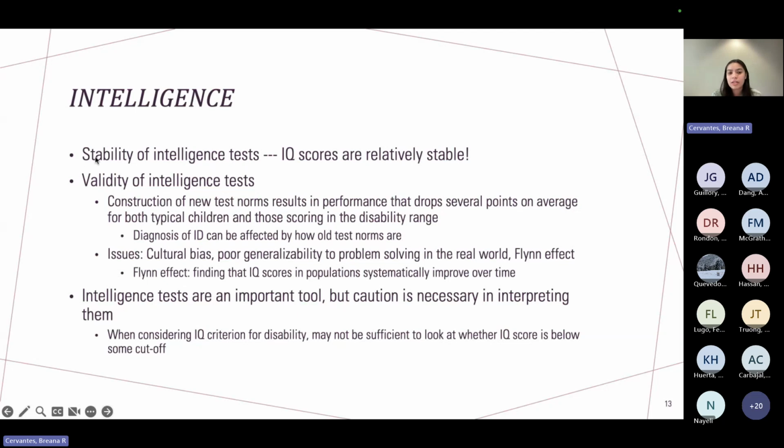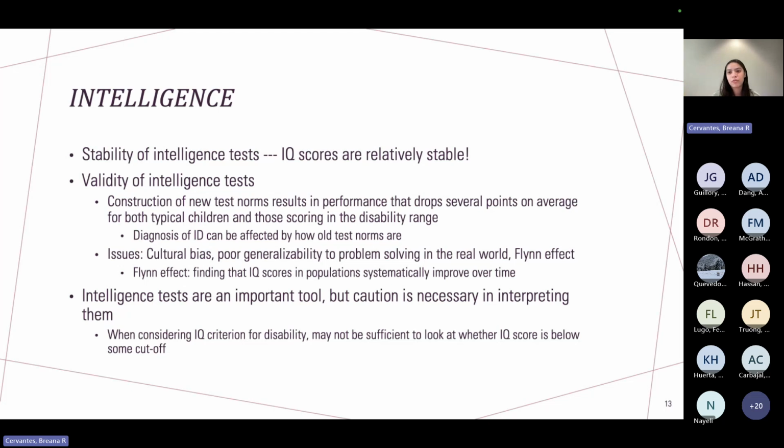And the reason that we even assess it is because we think that there is stability. IQ scores are generally relatively stable. It's why when you take an IQ test when you were 7 years old, when you were referred for treatment, it's not going to change that much because you are already standardized compared to your peers. So your age and sex is compared to what your performance is.